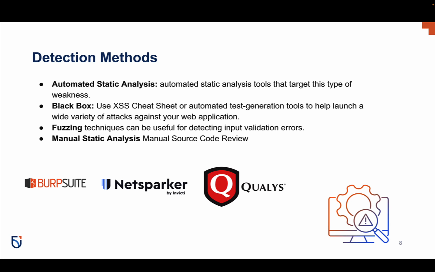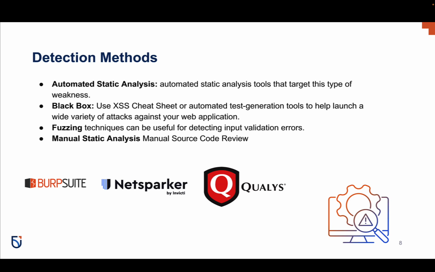And how do we detect these vulnerabilities? There are so many automated tools, including Netsparker and Qualys. They are commercially available tools, and there are various open source tools as well. Burp Suite is a tool that I've used in the past to manually analyze the code or perform SQL injections, cross-site scripting, and fuzzing attacks.